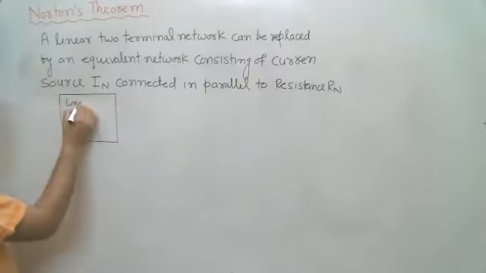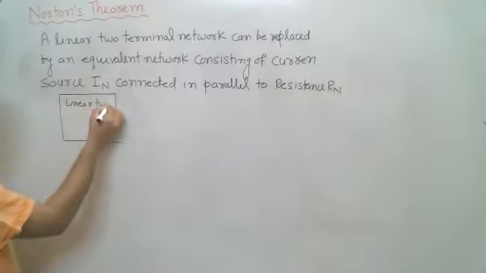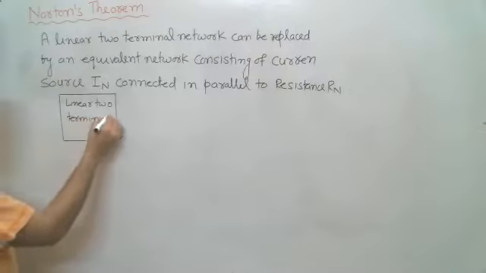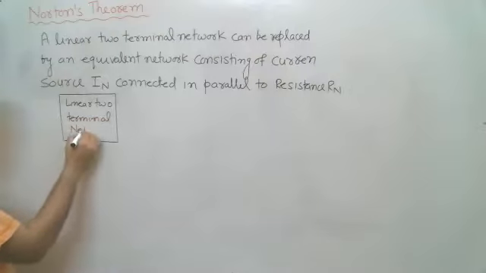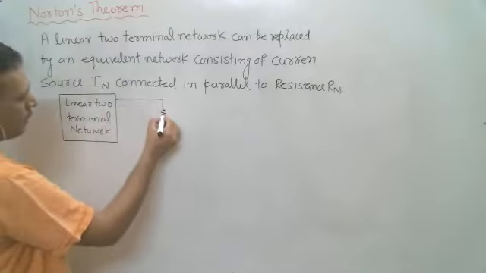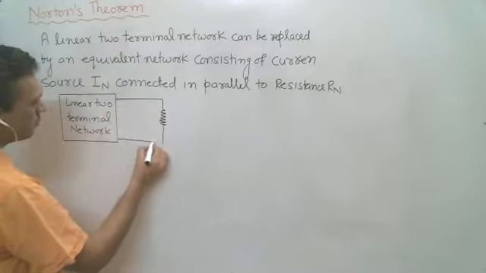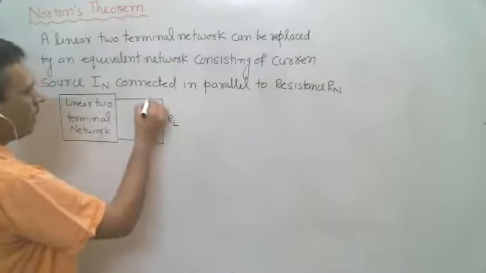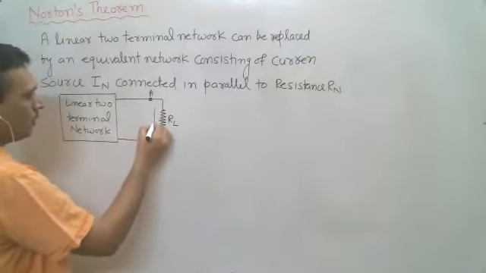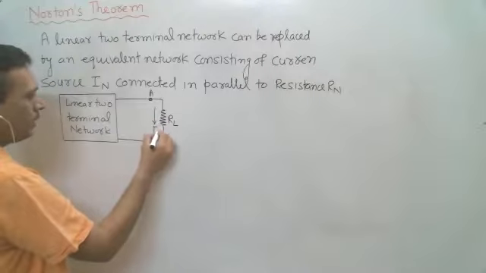So it's a linear two-terminal network, and that is connected with a load RL across AB. So you can find IL.